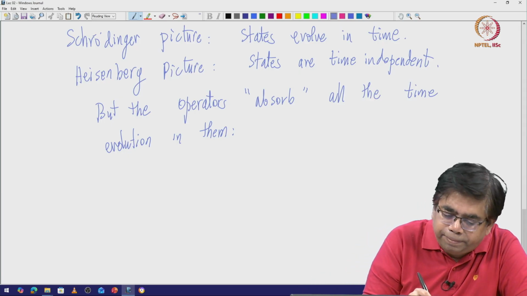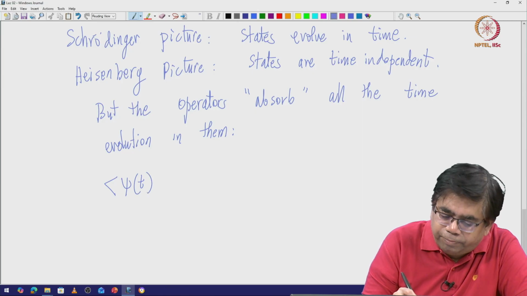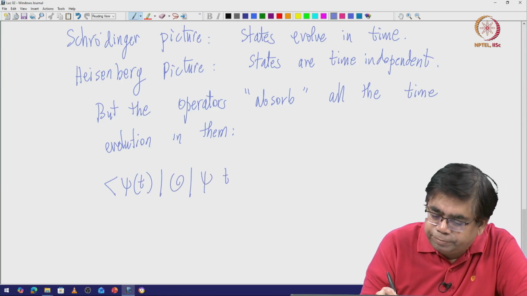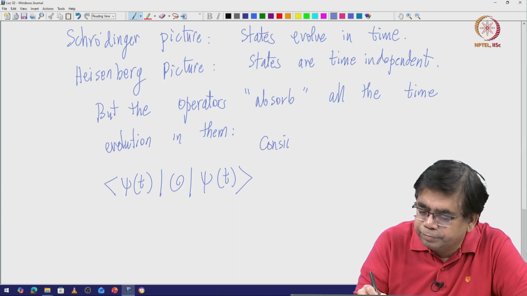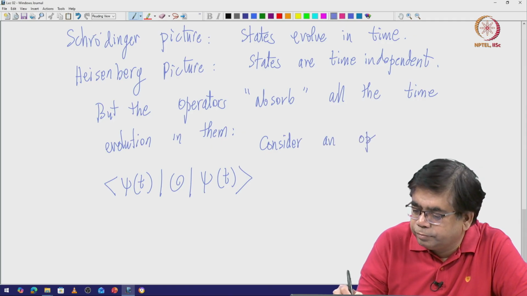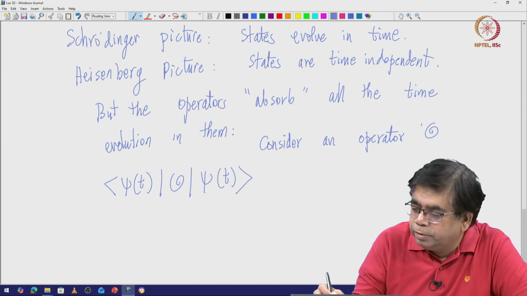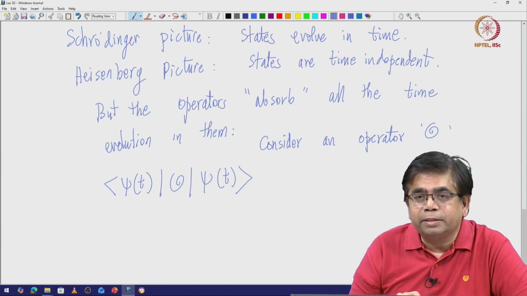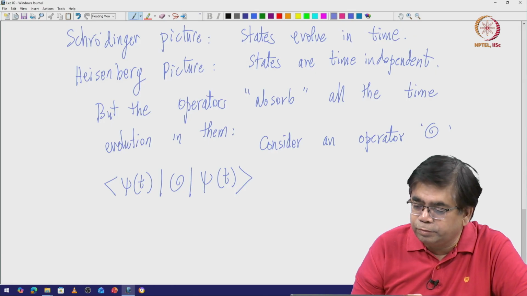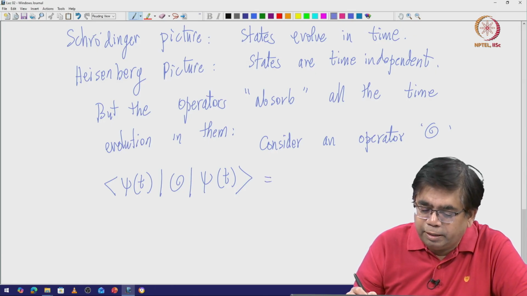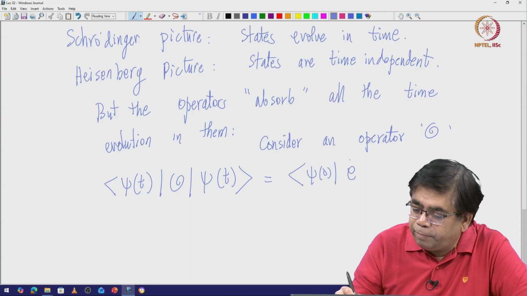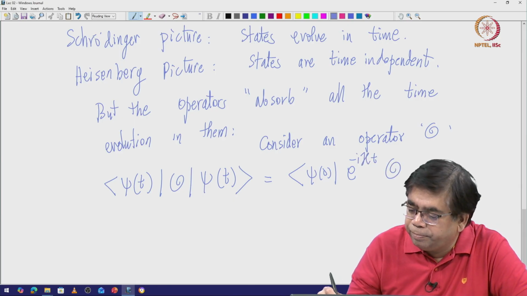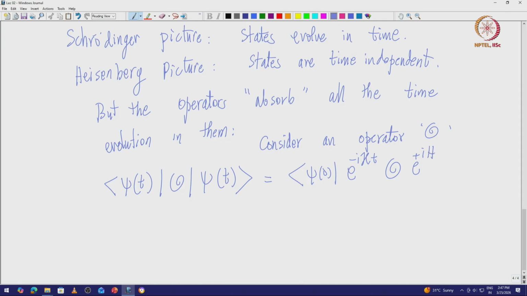So if you have an operator, consider an operator O sandwiched between two states which are psi of t. This you can write in terms of the psi of 0 state, which is fixed: psi of 0, e power minus iHt, O, e power plus iHt, psi of 0.